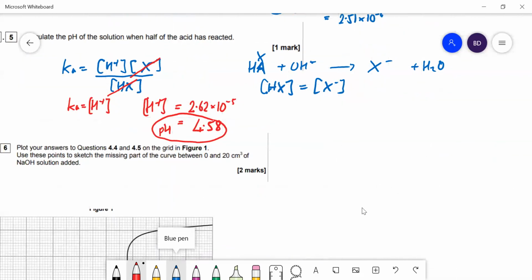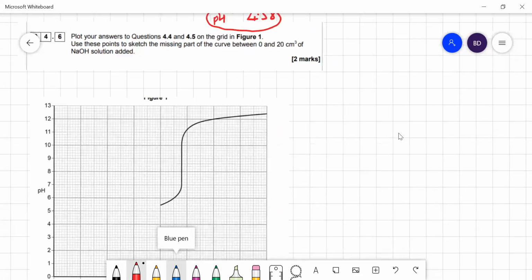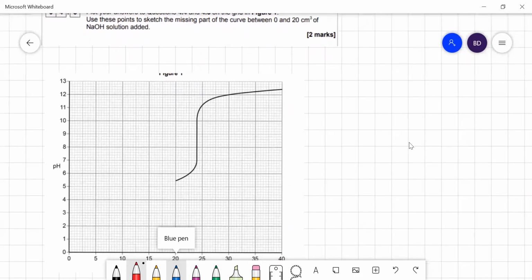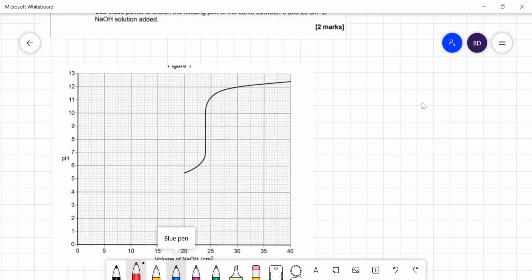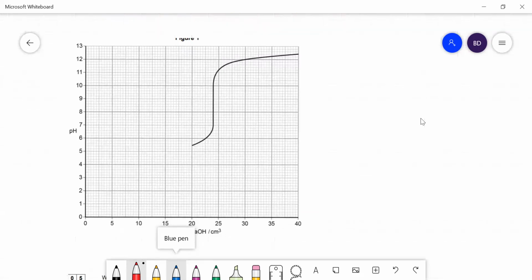So I've pasted the grid in again, and we're going to complete this missing part of the curve between 0 and 20. The equivalence point is at 24 here, so the half equivalence point will be at 12.